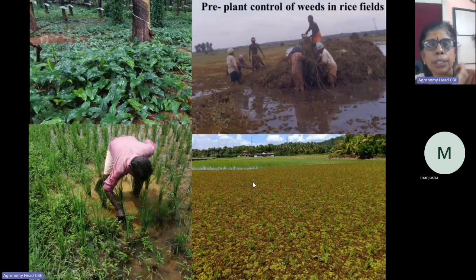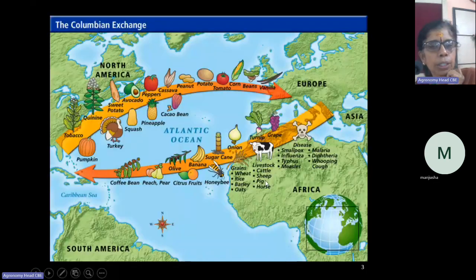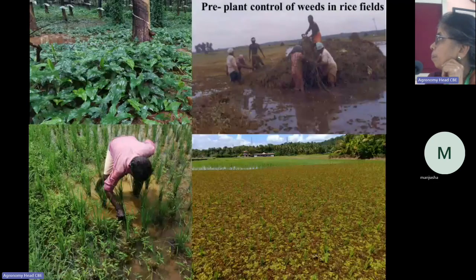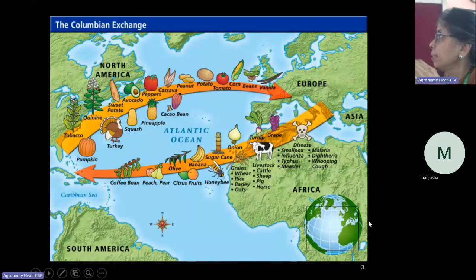So this is the situation in agricultural ecosystems with weeds. As in the case of crops, we say that these are alien weeds, but we have many aliens here because of the Columbian exchange which happened, because of which most of our crops, all of which are economically important, are aliens but not invasive.